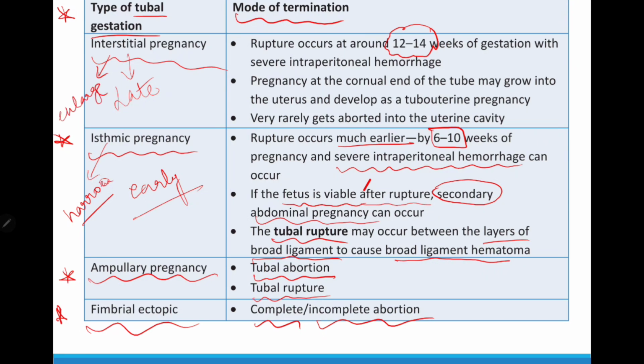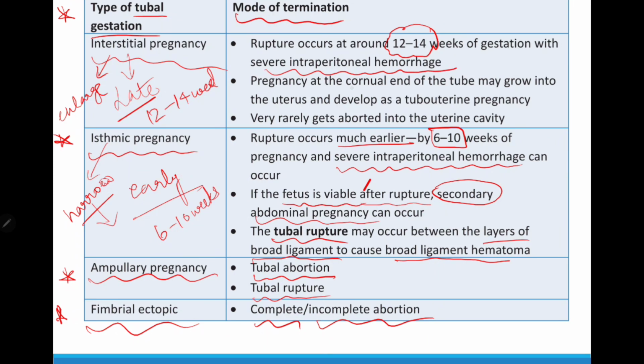Because of the narrowing, the isthmic pregnancy will rupture soon. That is why it is early, 6 to 10 weeks. Whereas in interstitial pregnancy, the fetus can expand more and then it ruptures. So it ruptures late, around 12 to 14 weeks, again with severe intraperitoneal hemorrhage.